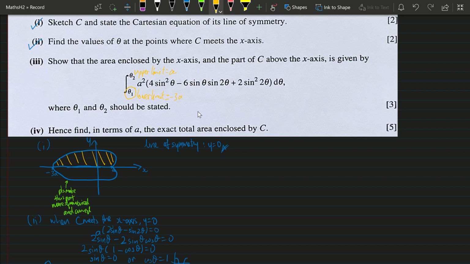Integrate from lower limit to upper limit of some expression. So you should see this as integrating from negative 3a to a of y dx, which would give us this. So we need to convert this into something to do with the parameter and integrate with respect to theta later on. So how are we going to do this?